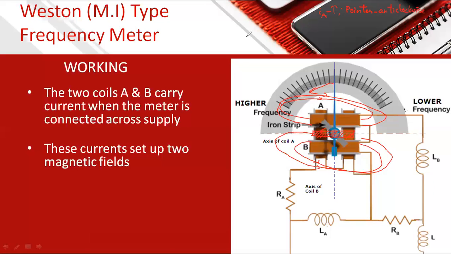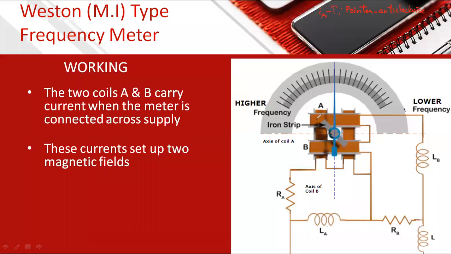Similarly, we will try to understand what happens if coil A is left open and coil B is excited. The current through coil A is 0 and coil B is excited. Now, where is coil B?